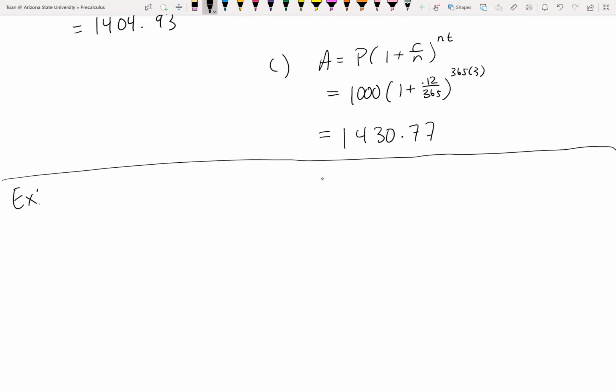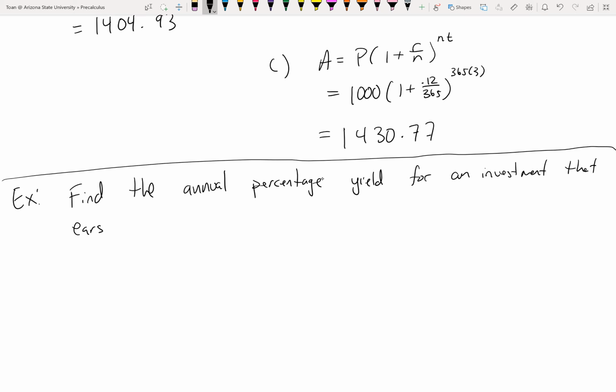So for example, if I said, find the annual percentage yield for an investment that earns an interest rate of 6% per year, compounded daily.